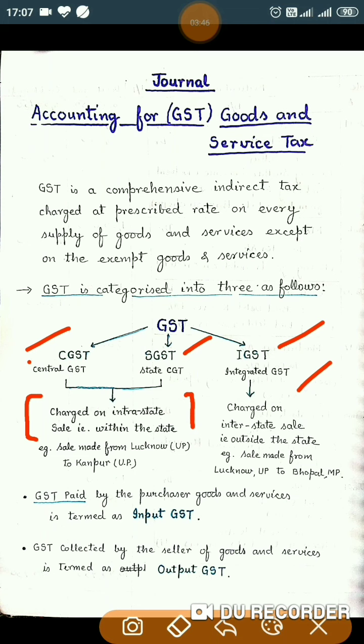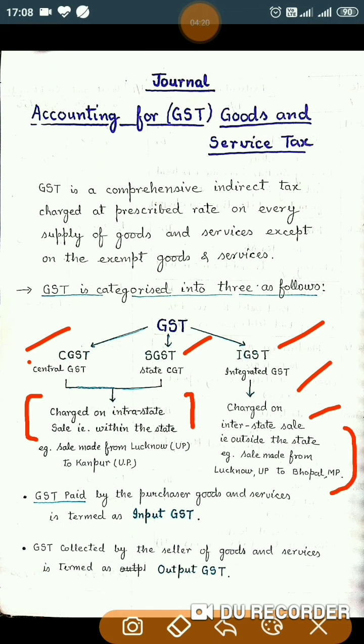And if there is an interstate sale, means outside the state, means the transaction is happening between two states. Like if I'm staying in Lucknow and I'm selling goods to a customer who's staying at Bhopal, Madhya Pradesh, that is an example of an interstate transaction, right?